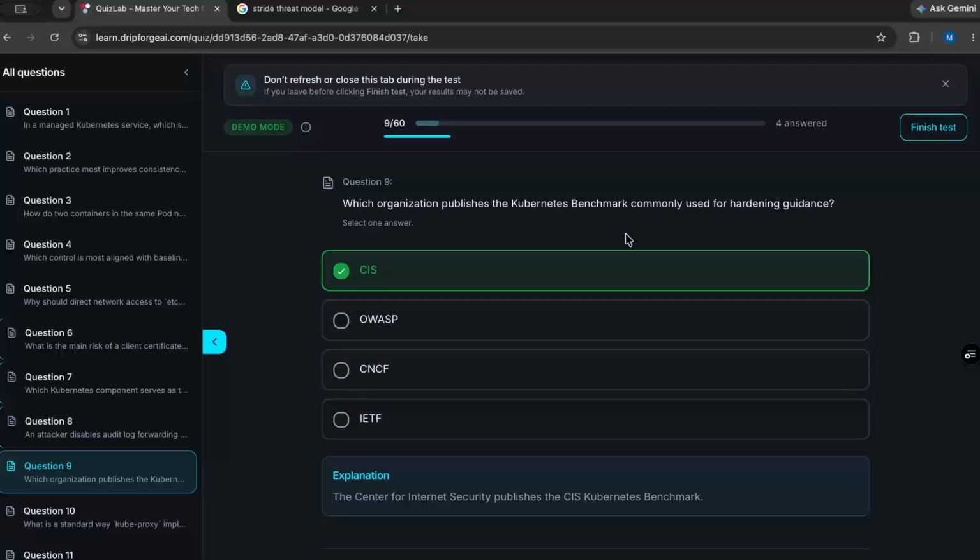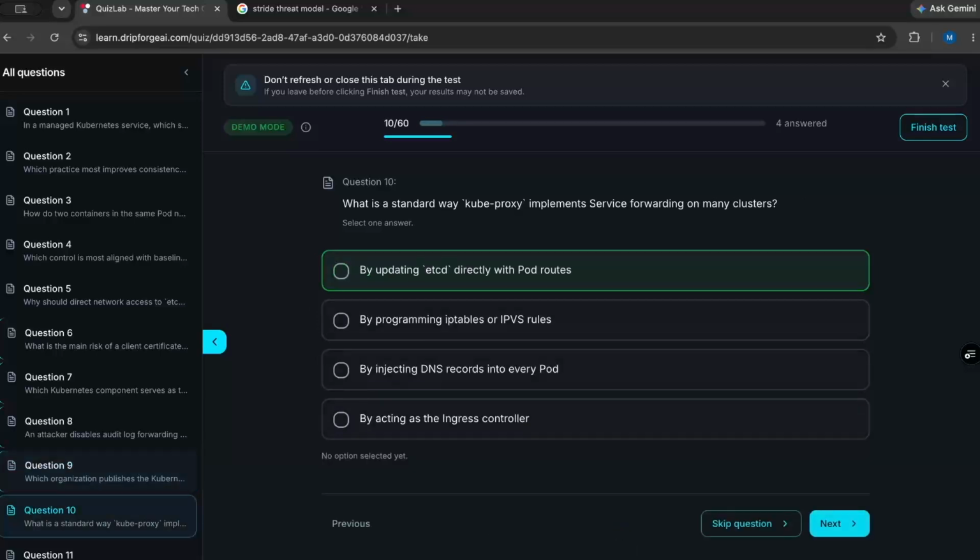All the vulnerabilities for all applications are listed under the top 10 OWASP vulnerabilities that you need to know, so that you can prevent your application from falling into victims' hands. So the Center for Internet Security is responsible for publishing the Kubernetes benchmark. We will move forward.